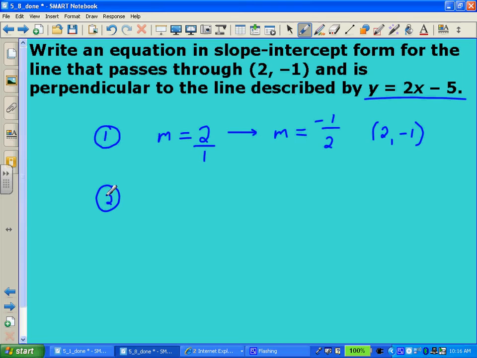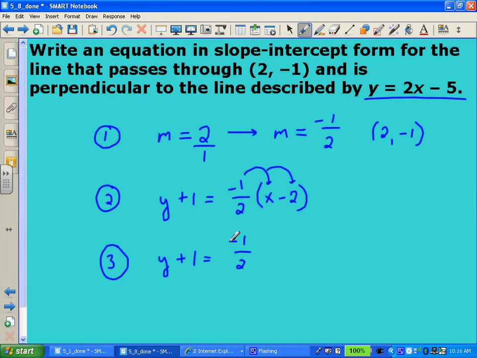The second thing that I do is put it into point-slope form. So y minus -1, so y plus 1, equals my slope, -1/2, times x minus 2. Then I have to change that into slope-intercept form, so I'm going to distribute. I have y plus 1 equals -1/2 x. -1/2 times -2 is +1.